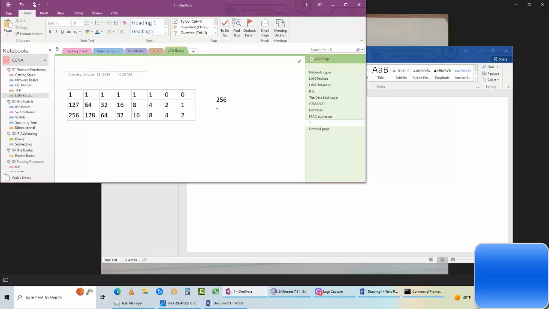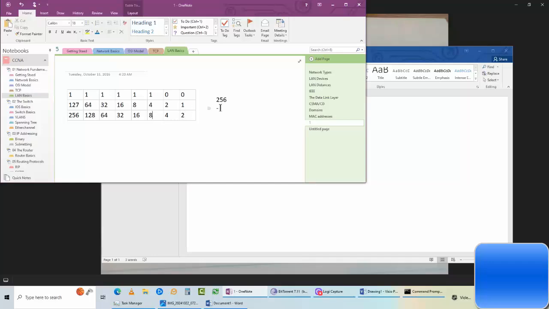minus, how do we do that? Do you remember? We are subtracting 4 because we have 2 bits that are off, and we're looking for the host portion, or our network concept as far as adding these up.